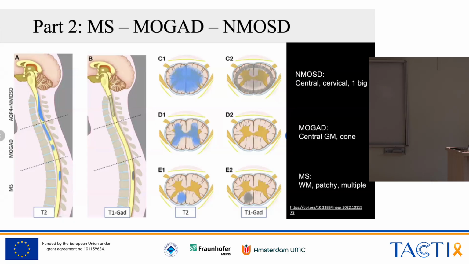And in MS, you have lesions anywhere, very often many lesions that form a patchy confluence over time when the disease is not well under control. And MS is of course primarily a white matter disease, while in MOGAD and NMOSD, the gray matter is much more affected.